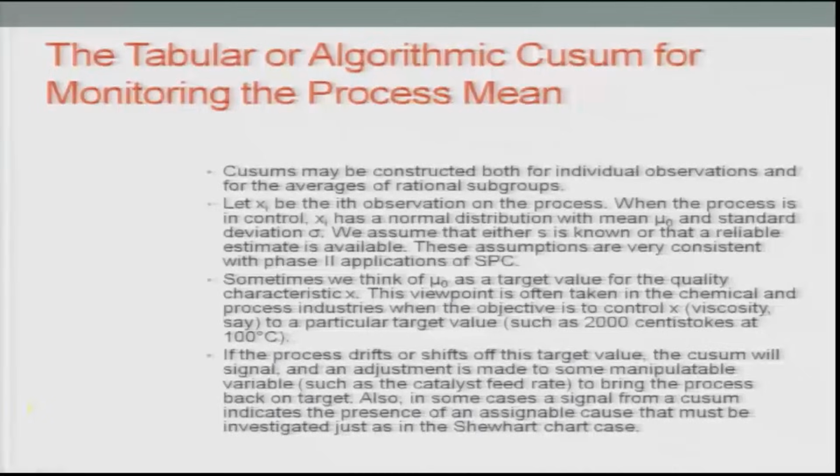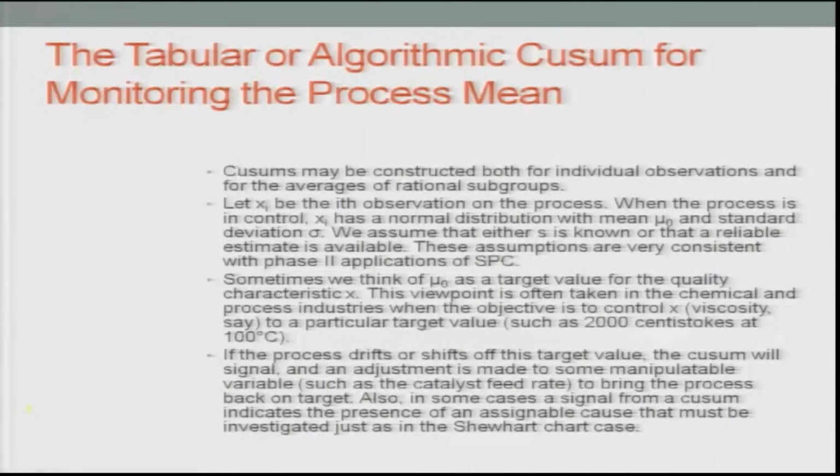If the process drifts or shifts off this target value, the CUSUM will give the signal, and an adjustment is made to manipulate the values so as to bring the process back to the target value, mu naught.